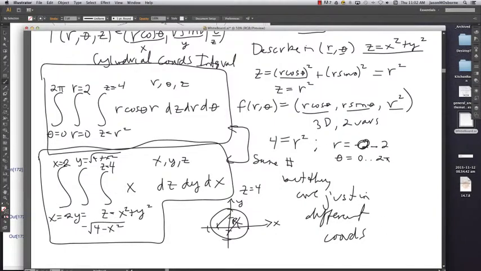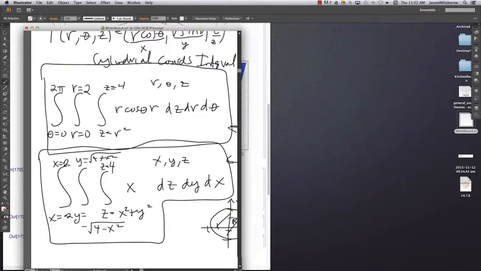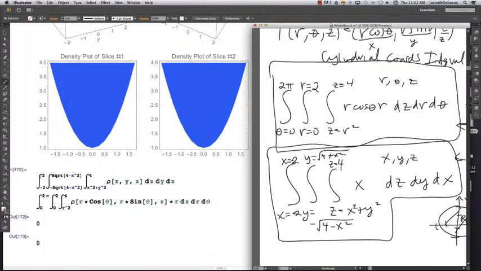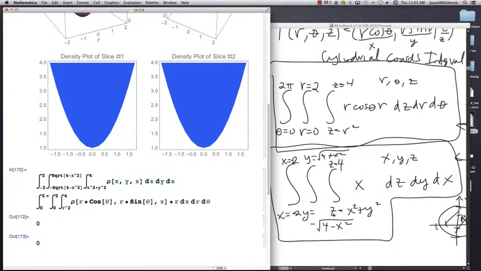But the point being that when I typed both of these integrals in, let me show you side by side. I typed this integral in Cartesian coordinates, I typed the other integral in polar coordinates, and they both come out to be 0. They both come out to be the same number.